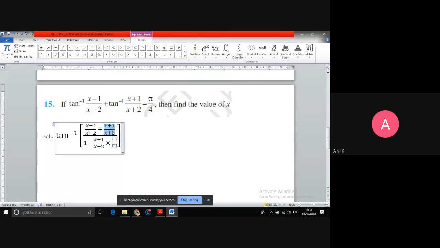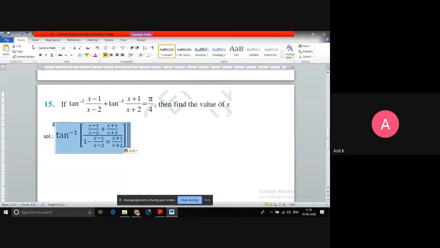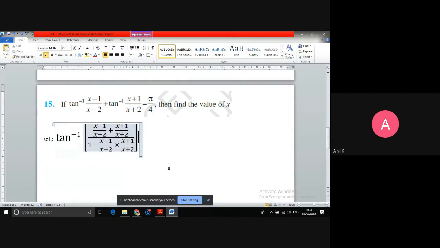So let me copy this fraction. This looks a little bit confusing, but you can see on the screen, right?